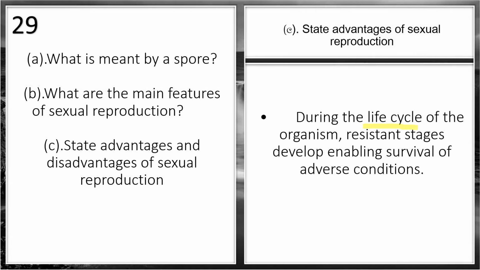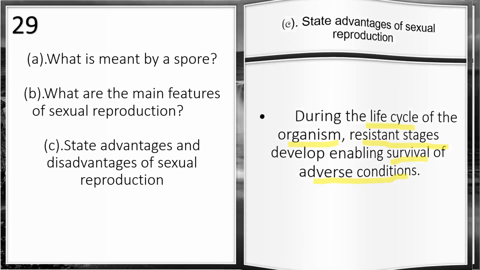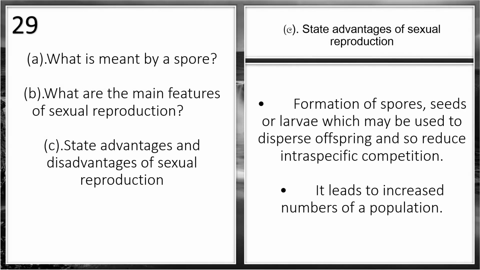During the life cycle of the organism, resistant stages develop, enabling survival in adverse conditions. Formation of spores, seeds, or larvae, which may be used to disperse the offspring and so reduce the intraspecific competition. It leads to increased number of a population.